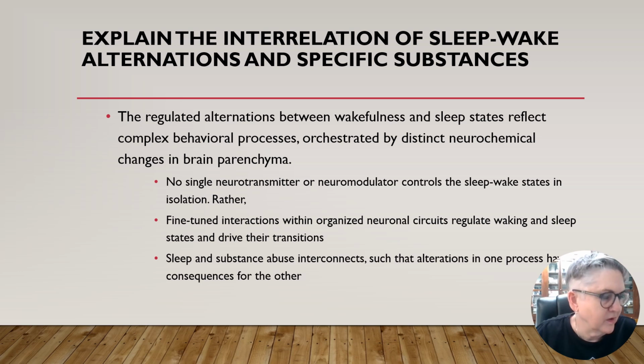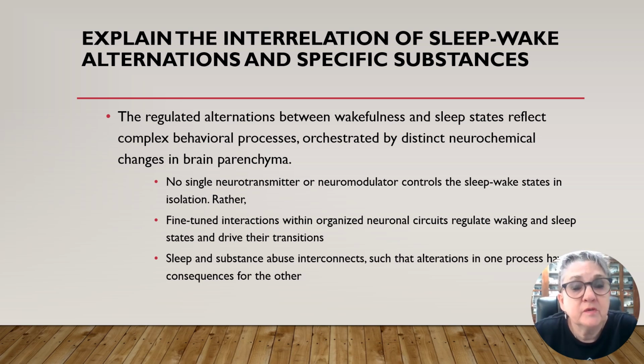Okay, we're nearing the end of the lecture with the next objective: explain the interrelation of sleep-wake alterations and specific substances. So the regulated alternations between wakefulness and sleep states reflect complex behavioral processes. It's orchestrated by distinct neurochemical changes in the brain.